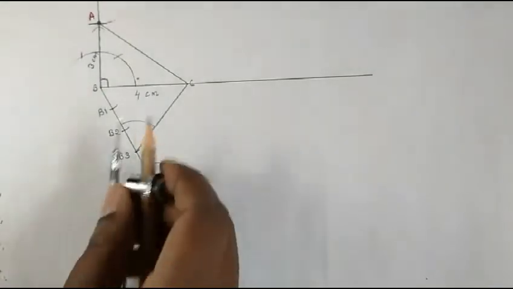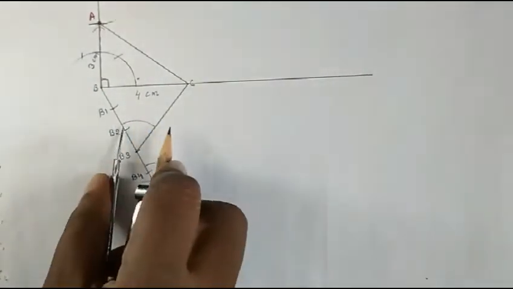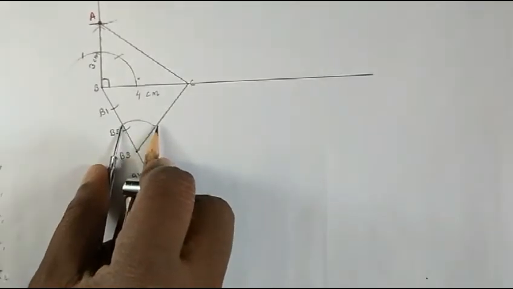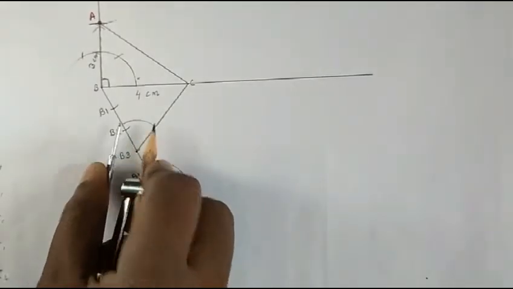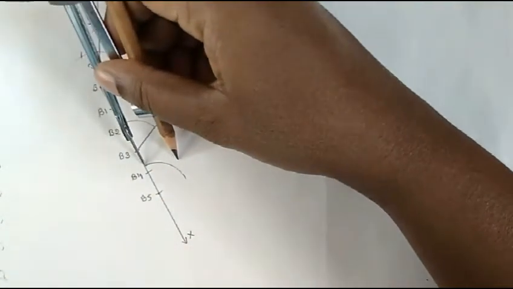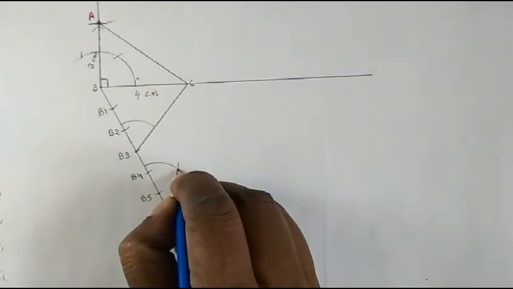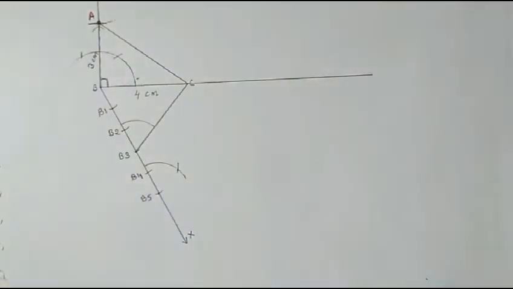Now measure this angle. How much is this angle? The same measurement here also, this angle also. Okay, so now let's join this point and this point.